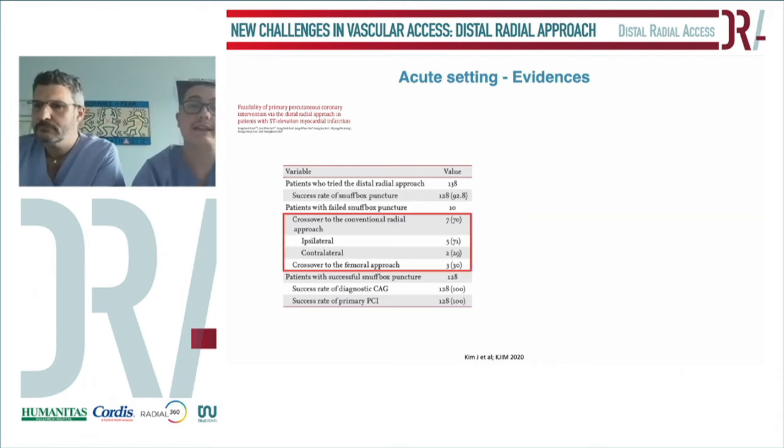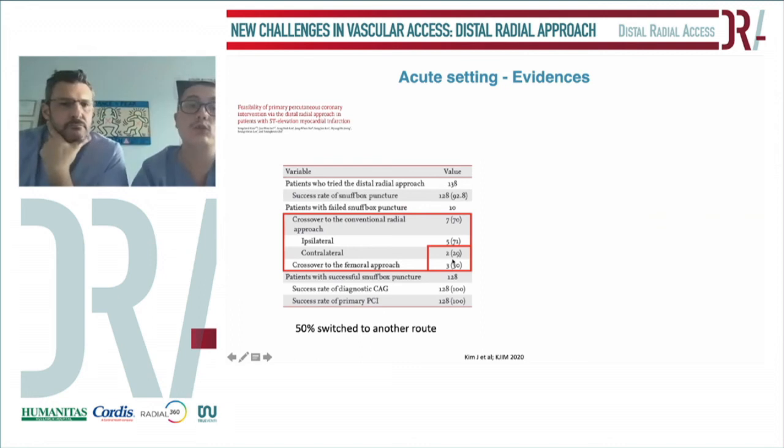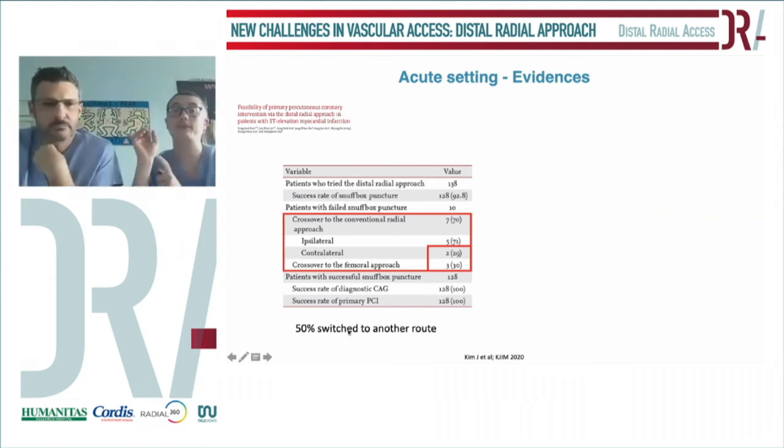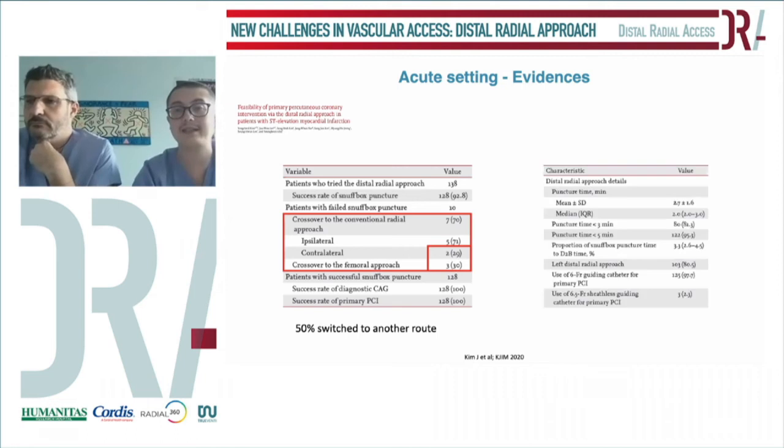In fact, the success of distal radial access was 92%, but if you analyze the data, 5 out of 10 patients without a successful access switched to the contralateral or to the femoral approach. So it means that it was not a problem of the distal radial artery, but probably of the proximal part of the artery, because they switched to another side or even another access.